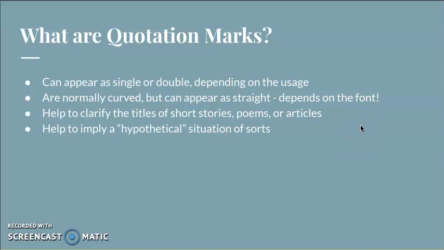Sometimes it depends on the format and how you're writing. So if it's a short story, for example, an Edgar Allan Poe short story inside a larger book, that gets quotation marks, as do poem titles or articles. And they can also help imply a hypothetical situation.